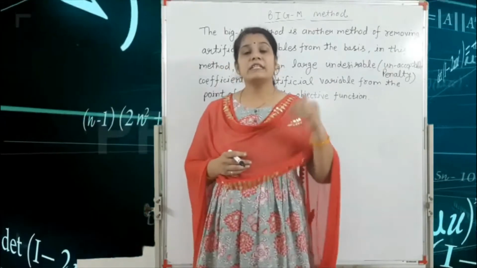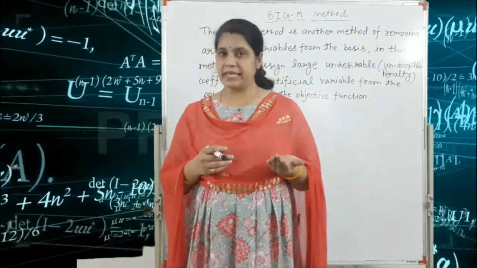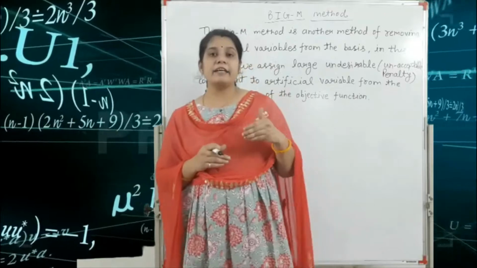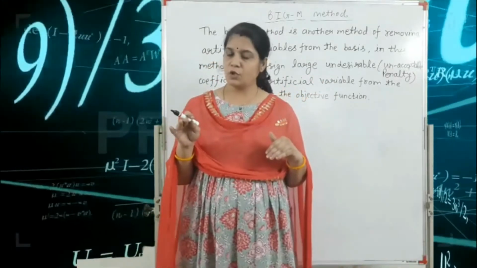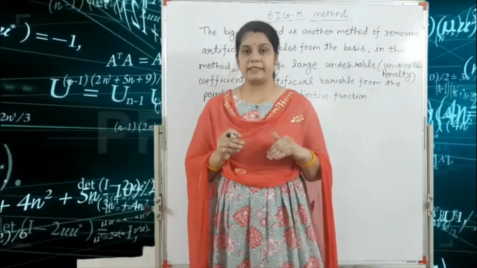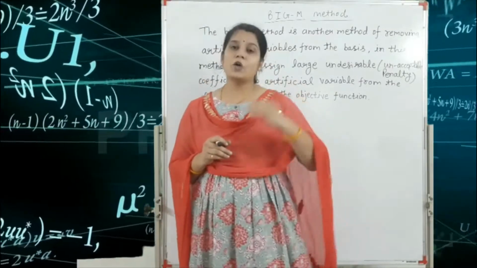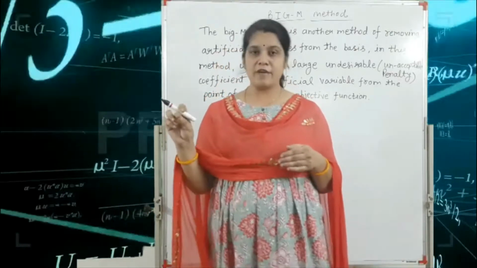This method is actually for removing the artificial variable. You have already seen in the simplex method that we find the entering variable and the leaving variable. For finding the leaving variable, we find the replacement ratio, and according to the replacement ratio, we choose the leaving variable.